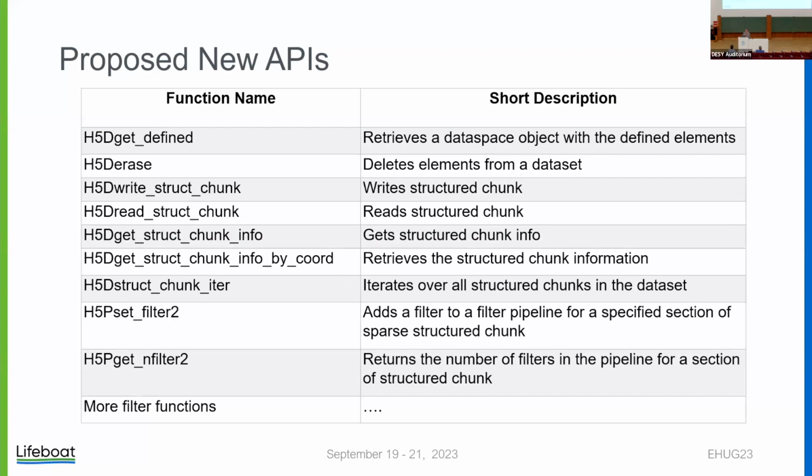So we propose new APIs. We, of course, need an API to get defined elements. It retrieves the locations of those elements. You can erase, as I said. Unfortunately, for direct chunk I/O, we need to introduce new functions because now chunks have more sections. But this also gives us an opportunity to move filter functions and make them slightly better, and this is where feedback will be highly appreciated.